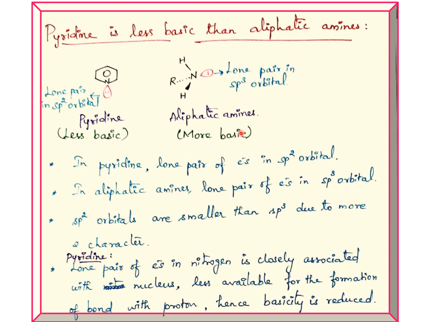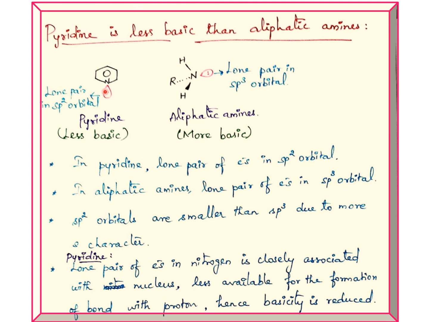Here we have to be very conscious about the hybridization of the orbital in which the lone pair of electrons is present. In pyridine, the lone pair of electrons is present in an sp2 hybridized orbital. But in the case of aliphatic amine, the lone pair of electrons is present in an sp3 hybridized orbital.